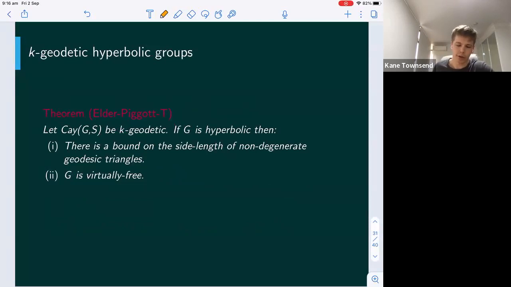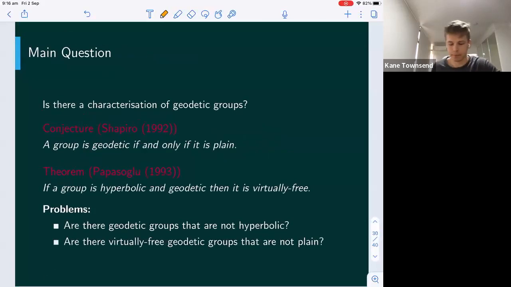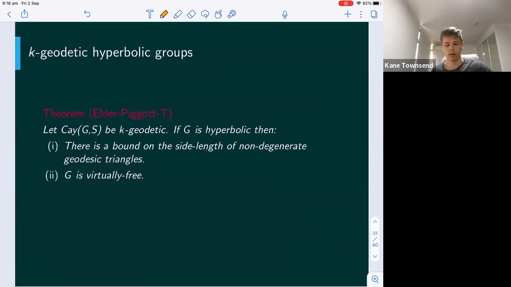So the main result of this talk is a generalization of Papasoglu's result, but to k-geodetic. Let the Cayley graph be k-geodetic. Then if G is hyperbolic, we have a bound on the side lengths of non-degenerate geodesic triangles, and we also have that G is virtually free.